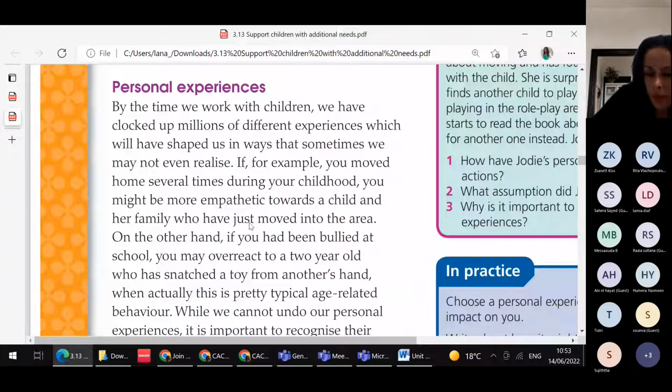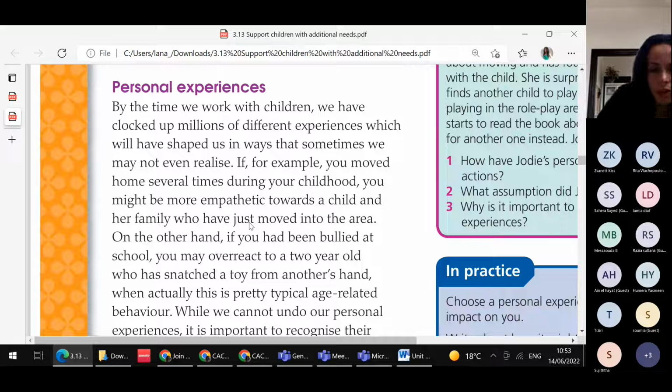Each one of us will have a different personal experience. This personal experience has shaped us, yes? So each one of us is different. Why? Because of what we go through in life.